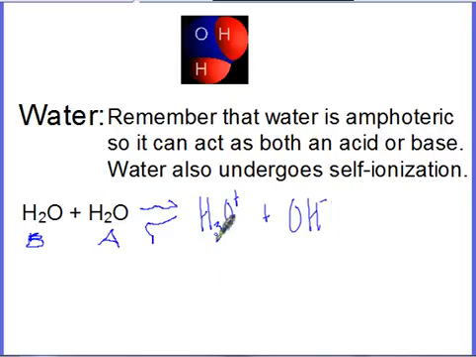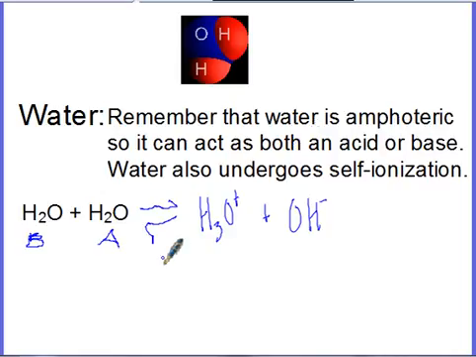So all water has concentrations of hydronium and hydroxide in them because water undergoes this self-ionization process. They aren't strong concentrations, but in every water supply, both of these ions are present. Water can act as both an acid and base.